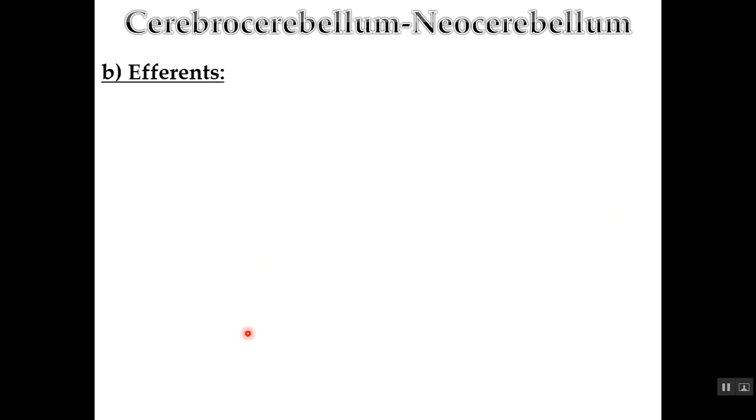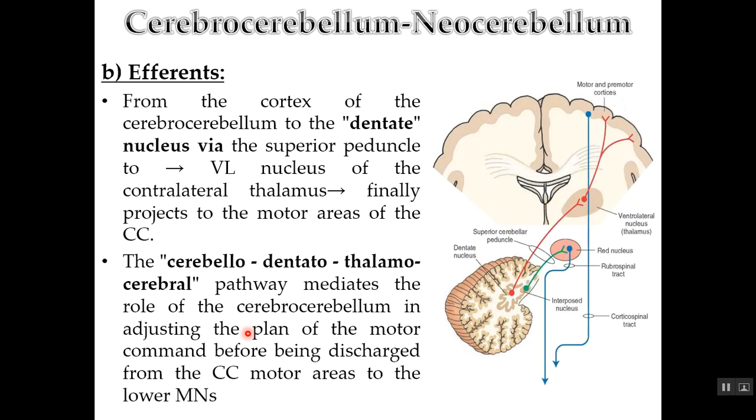This is the afferent. What about the efferent? The efferent comes from the cerebellar cortex, then to the dentate nucleus, and from the dentate nucleus it passes to the contralateral thalamus, and finally to the cortex. This pathway is called the cerebello-dentato-thalamo-cortical pathway.